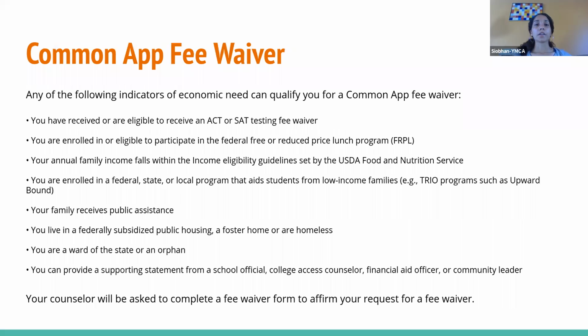So if you got an SAT or an ACT fee waiver, you're eligible for a Common App fee waiver. If you get free or reduced lunch, you're also eligible for a Common App fee waiver. If your annual family income falls within the income eligibility guidelines set by the USDA Food and Nutrition Service, which I believe is linked to the free and reduced lunch program, you get a fee waiver.